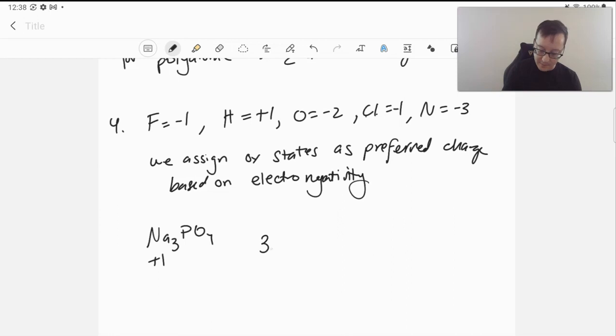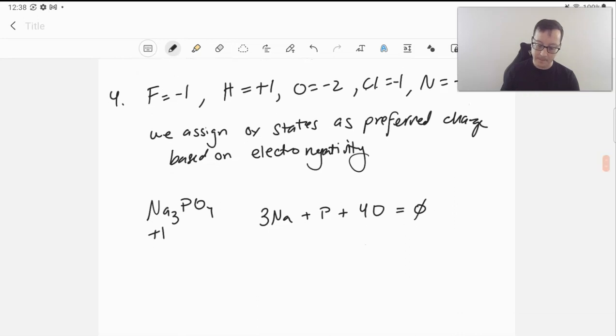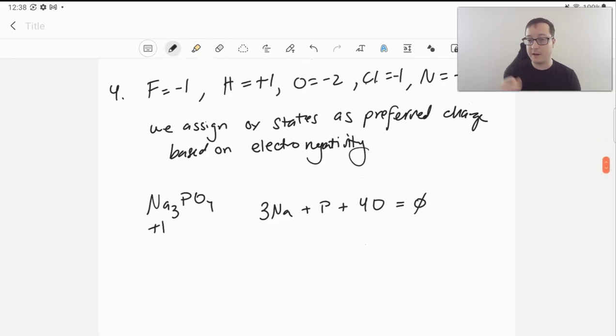So we'll set up a formula. We have 3 sodiums plus phosphorus plus 4 oxygens equals 0, because this is a compound. Sodium phosphate is a compound. It is not a polyatomic ion. Phosphate is, but sodium phosphate is not. So always pay attention to what species you're looking at. And since sodium phosphate is a compound, its oxidation numbers must equal 0.